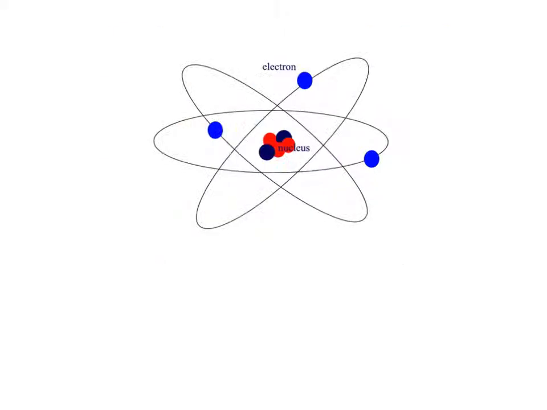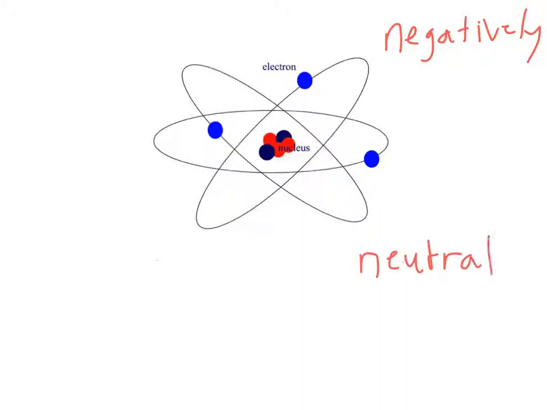This is a picture of the atom. Electrons are the negatively charged part of the atom. And they're out here. In a neutral atom, they equal the number of protons.